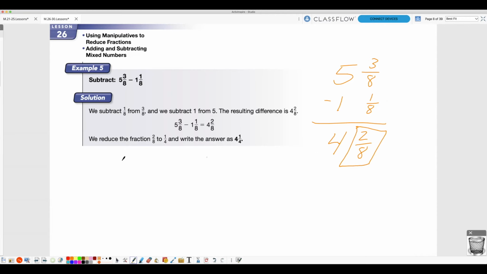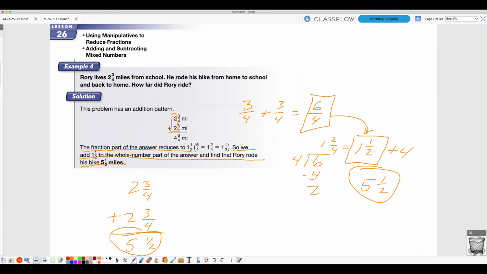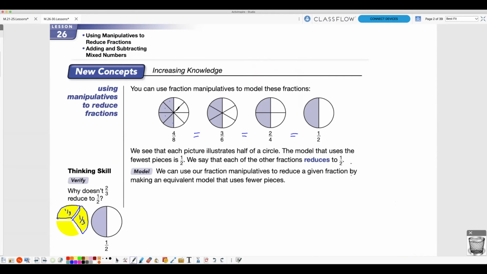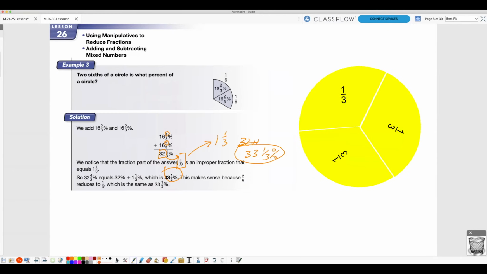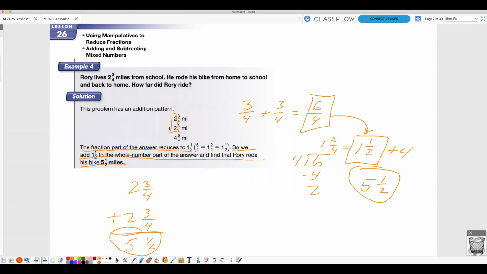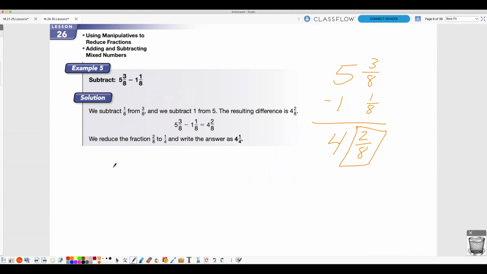If we go back, we could look at this one. If we have 2/8, that would be the same as this amount right here. So 2/8 you can see is the same as 1/4 if you're using manipulatives. If you're not using manipulatives, maybe you can figure it out mathematically and recognize that 2/8, this piece is divisible by 2.